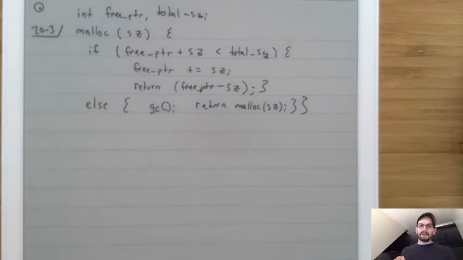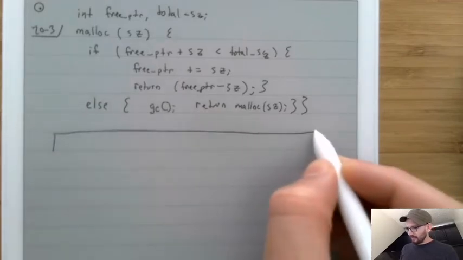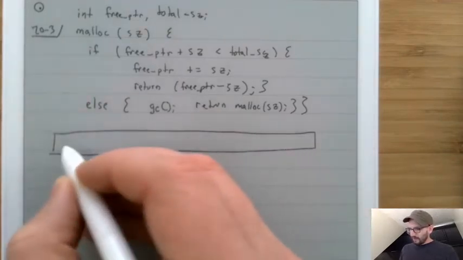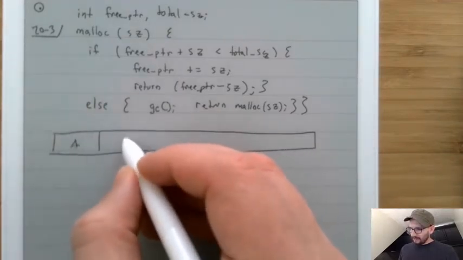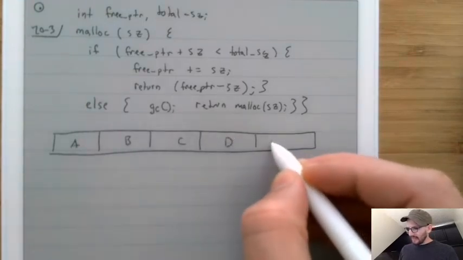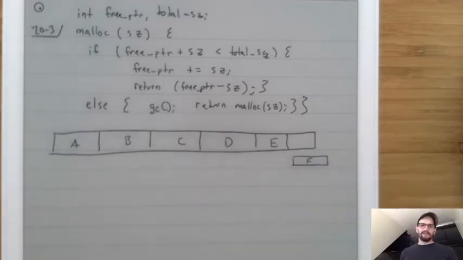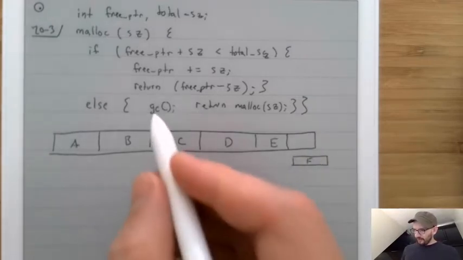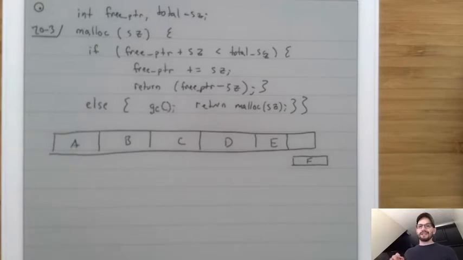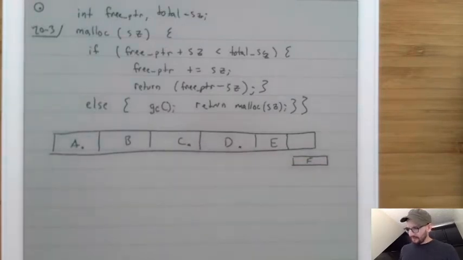Now, let's think about how malloc would work, how that same sequence of operations would work. We would allocate A, allocate B, allocate C, allocate D, allocate E, and then a request for F comes in, but it's too big. Then we go and we do garbage collection, and let's just assume that it works the same way as mark and sweep. And we mark these things, okay?